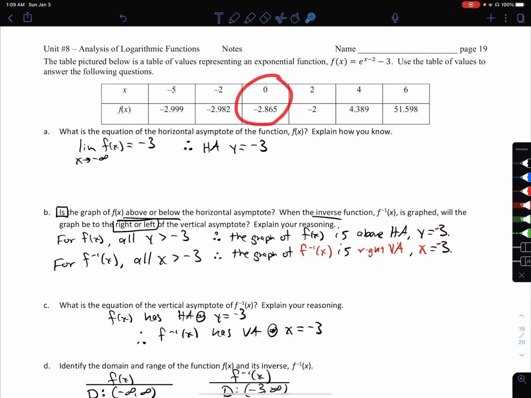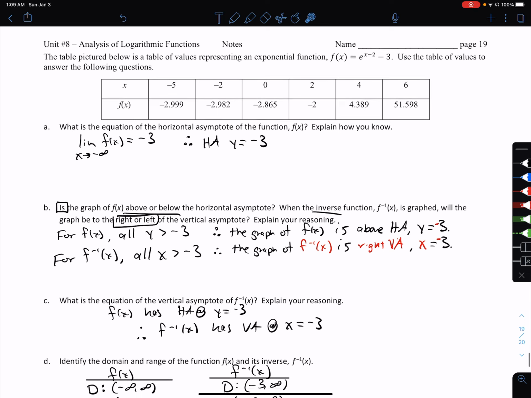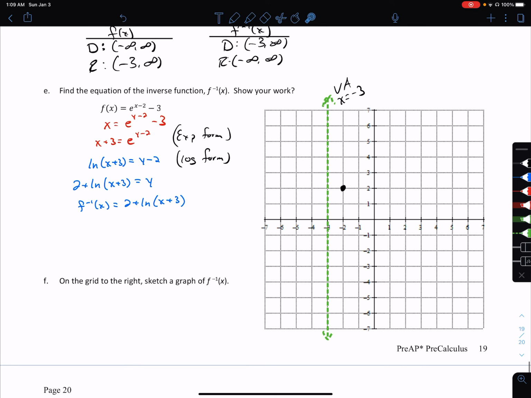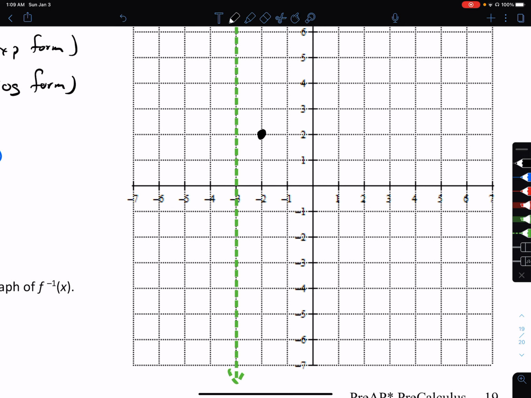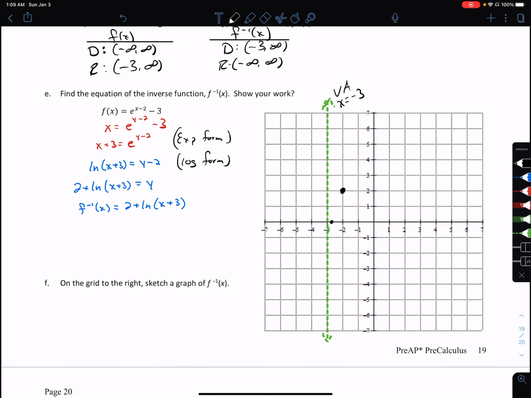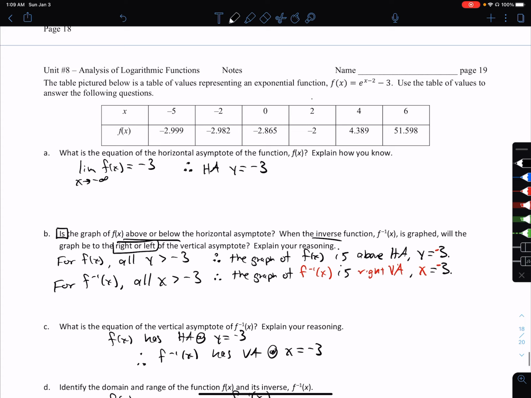How about (0, -2.865)? If we reverse that, that's going to be (-2.865, 0). Obviously, I'm going to be estimating that. It's super close to -3. Not quite there. So I use this point and this point. Let's use this one. (-2, -2.982).